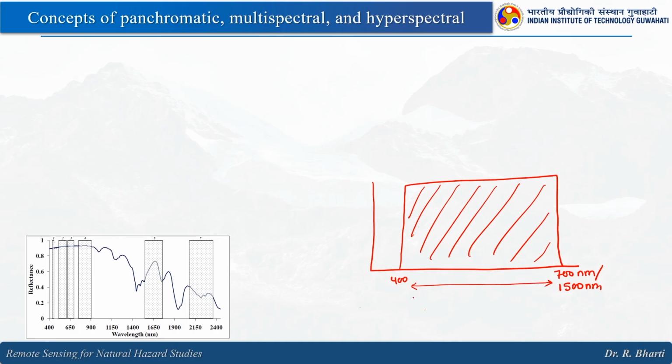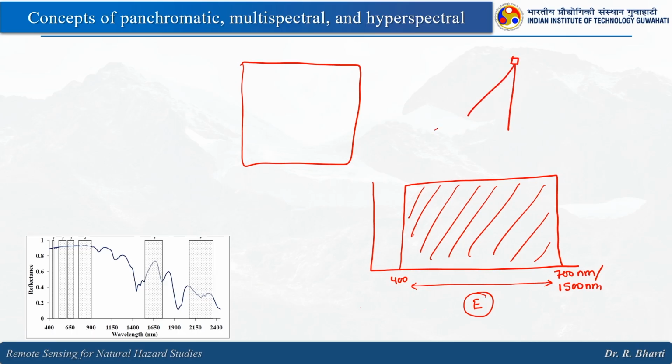If we are using the broad wavelength range, energy is very high here. So, if we have high energy, then the detector which is looking at a particular area can identify very small energy which is released by this particular pixel because energy is high.